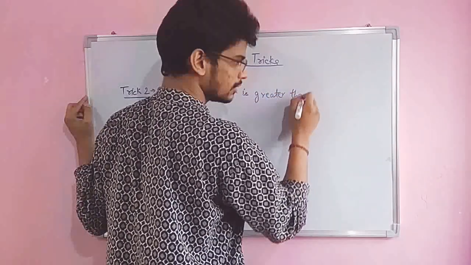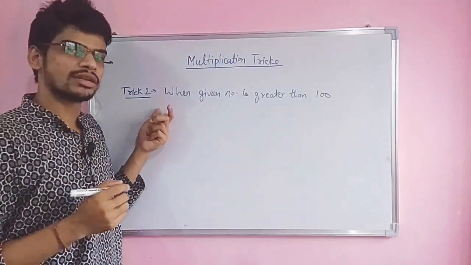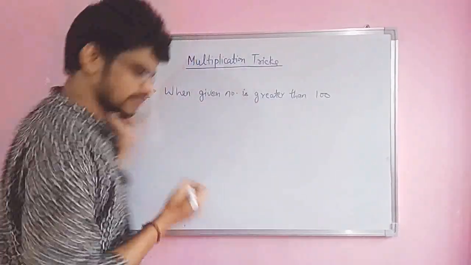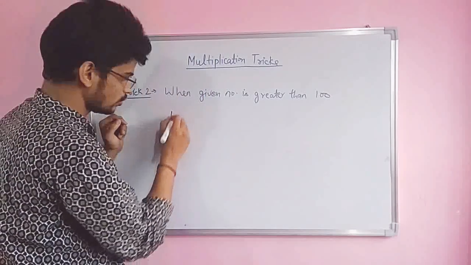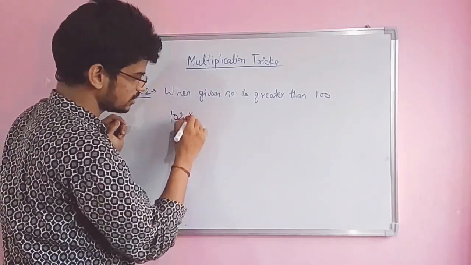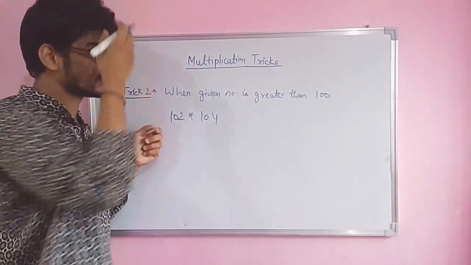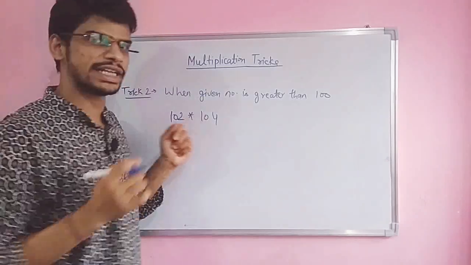If both the numbers given to us are greater than 100, let's take an example: 102 multiplied by 104. How do we calculate the multiplication of 102 into 104 within seconds?